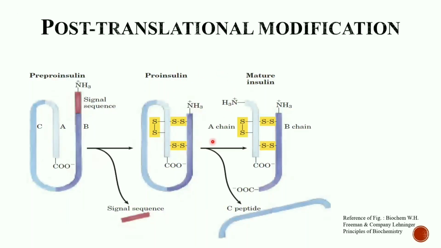Then the pro-insulin is cleaved, and 25 amino acids are cleaved from this pro-insulin, so the mature insulin is formed. That is, only when there is a need for insulin, the pro-insulin gets processed and then there is the mature insulin.